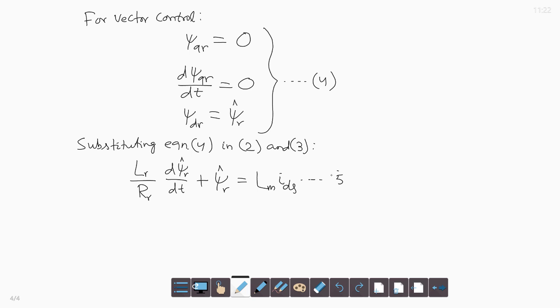This is equation 5, and the slip speed omega sl is given by Rr Lm by Lr Iqs by psi r hat. This is equation 6.